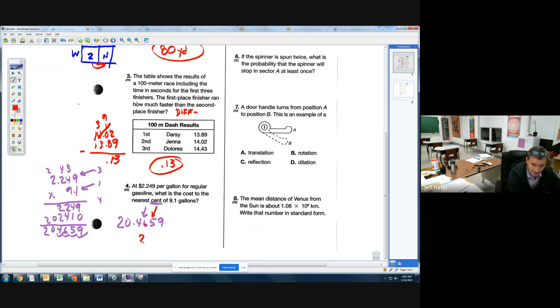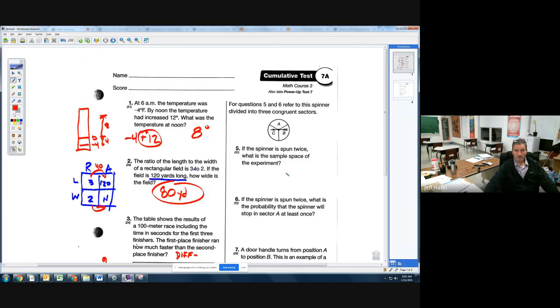So this ends up being $20.47. Now don't just assume that every time it's going to be rounded up, because if this had been a 4, this would have stayed a 6. So write some notes to yourself. $20.47.